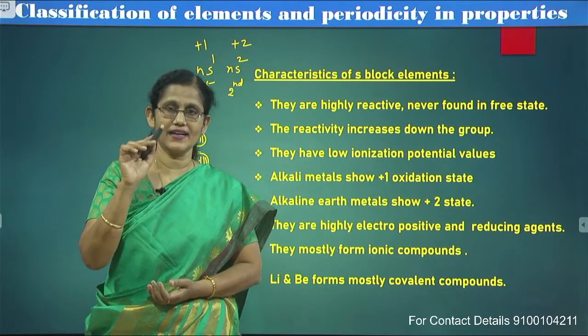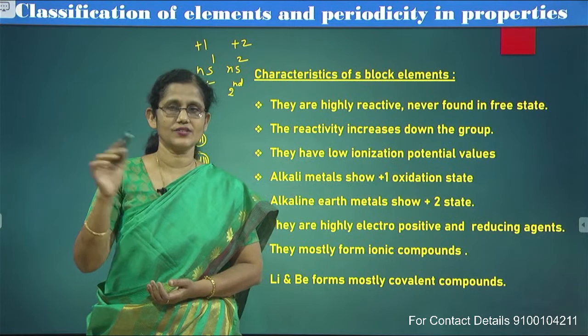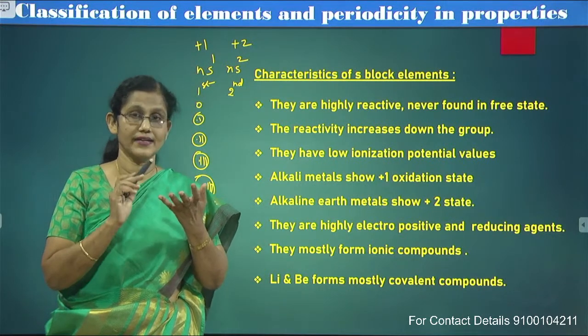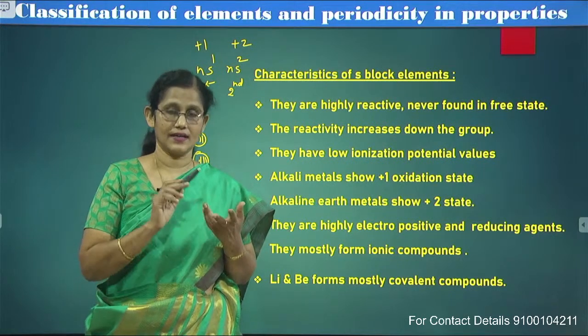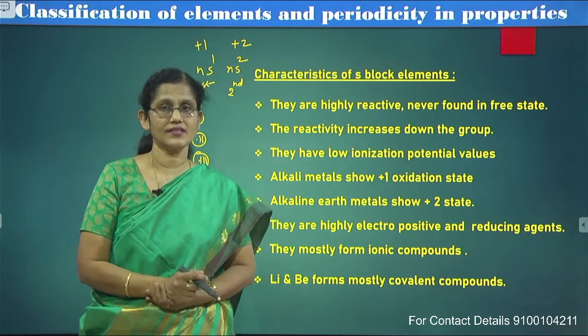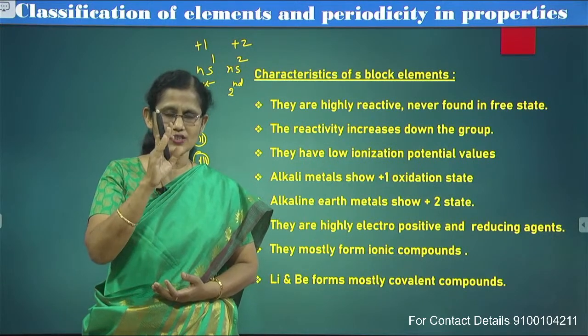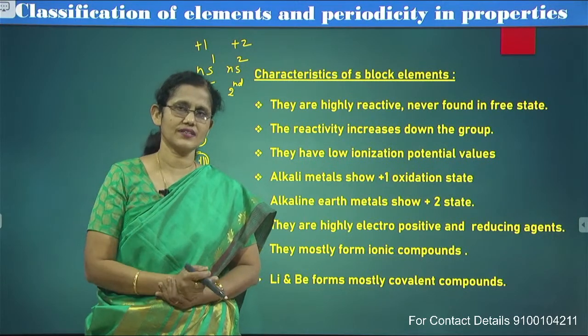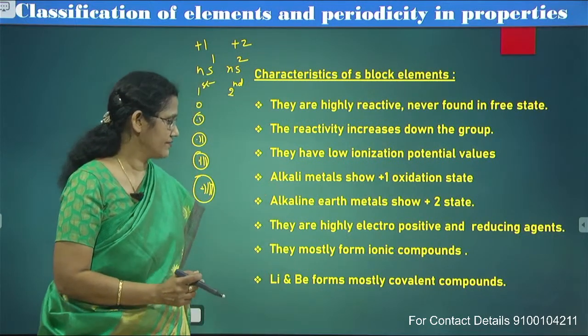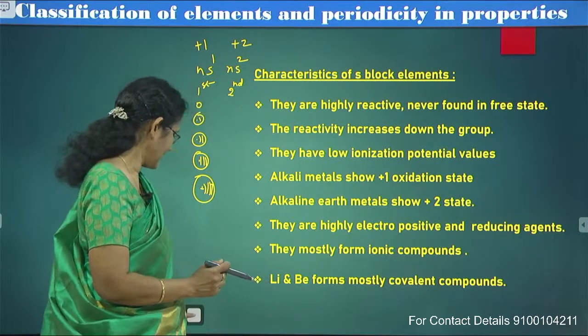First group ns1, second group ns2. What are their properties? They are metals, they are good reducing agents, they are highly electropositive, they are good conductors of heat and electricity, they can show +1 and +2 oxidation states, right. So, these are some properties of alkali metals and alkaline earth metals.